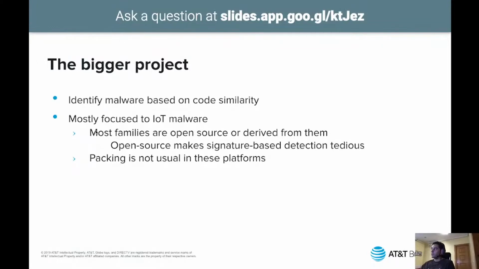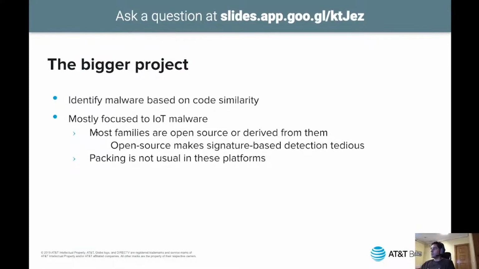We were mostly focusing on IoT malware, because this project originated from a necessity where we had a lot of undetected Linux samples, which were variations of open source families. There are so many threat actors actively modifying open source code to create their own variants that static signatures break a lot, because with all those modifications your signature may not match them.